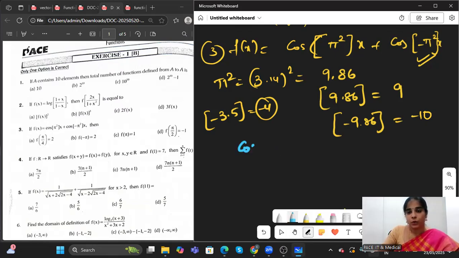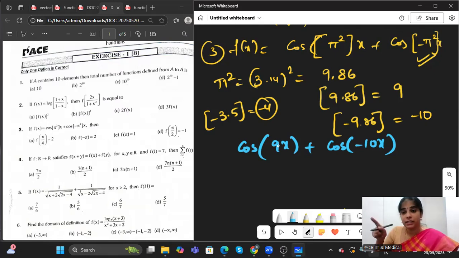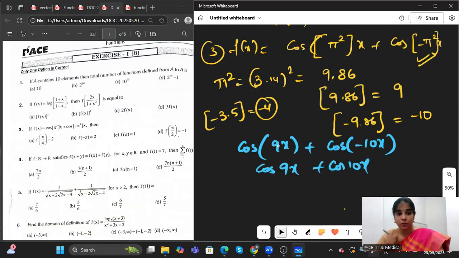So cos 9x plus cos minus 10x, that is cos 9x plus cos 10x. Just apply your cos C plus cos D form and you will get your answer.